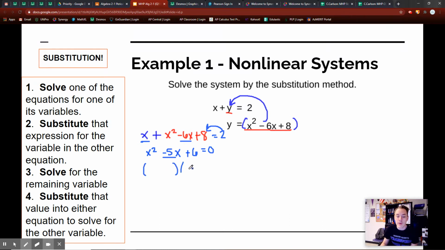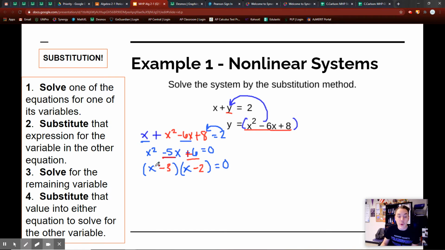If you guys remember, our basic template looks something like this, where x goes here and x goes here. This is what we're calling factoring, kind of working backwards from FOIL. So what goes in these spaces? It has to be a -3 and then a -2. Now, why is that? Because -3 minus 2 gives me a -5, but -3 times -2 gives me a +6.